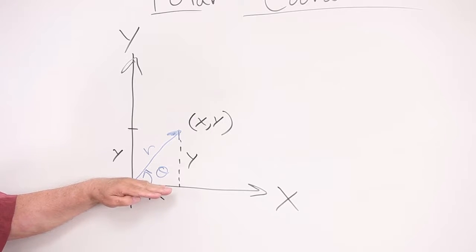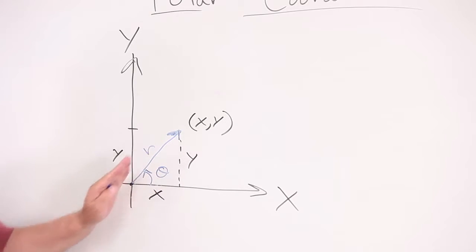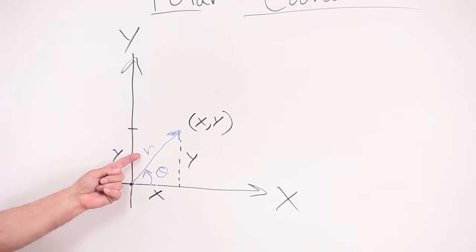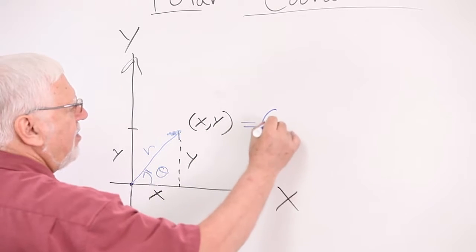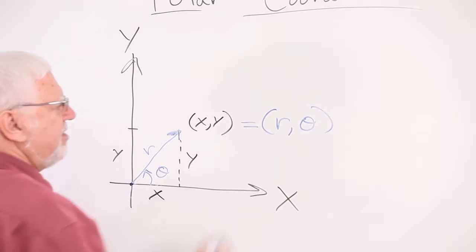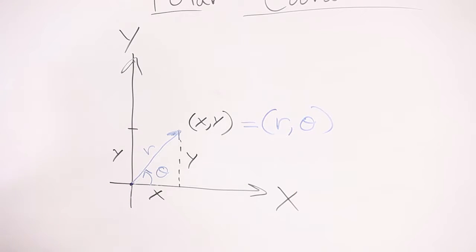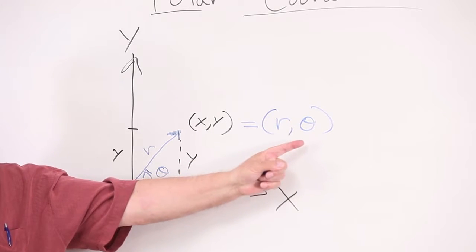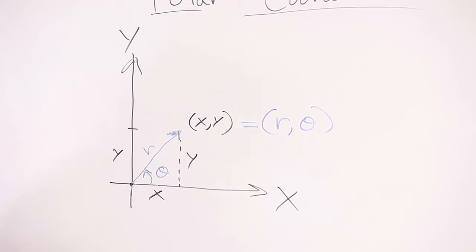So many degrees north of east, and then go out there so many miles. And that's how we get to that point. So now we have to decide how to write this, r and theta. We're going to put the r first and the theta second. The theta can be either in degrees or radians, and we'll start out with degrees, but each problem we'll have to decide that.